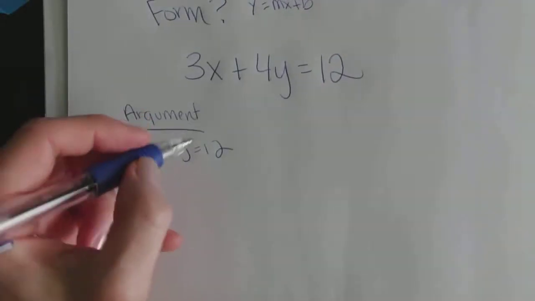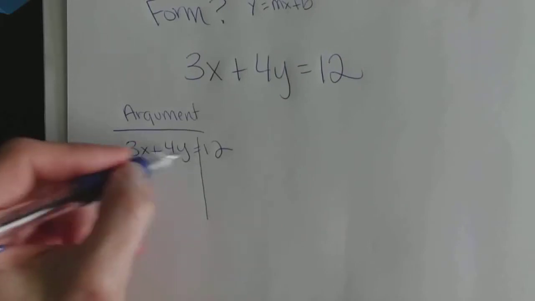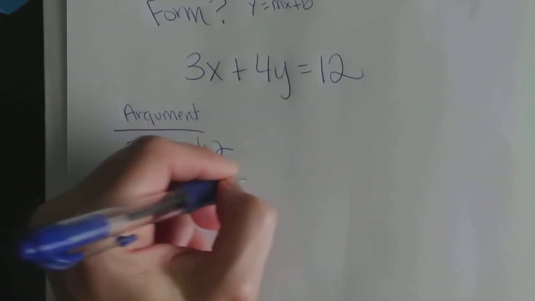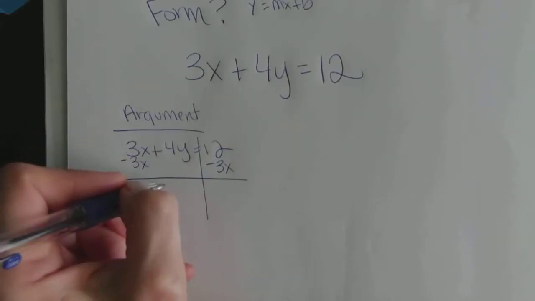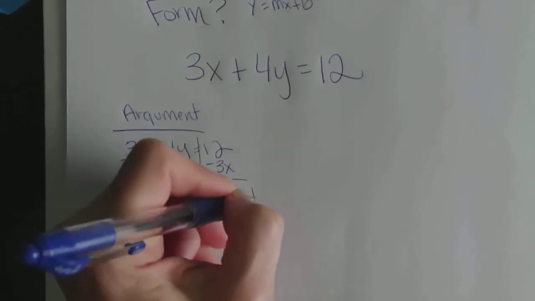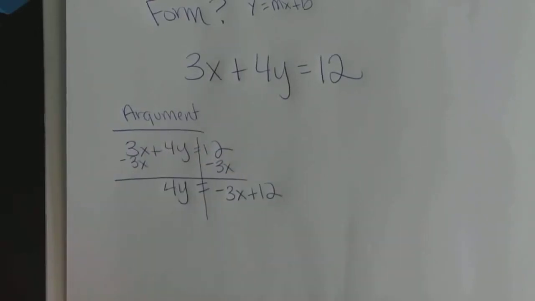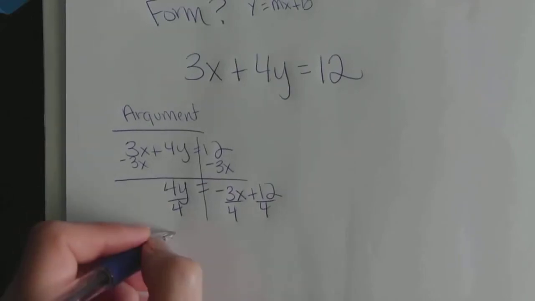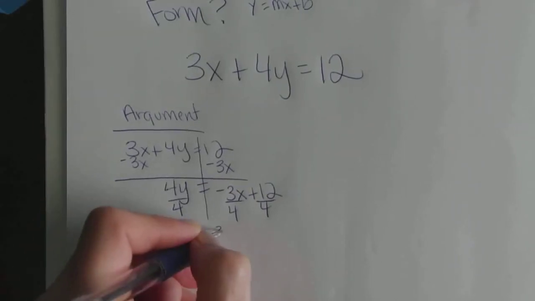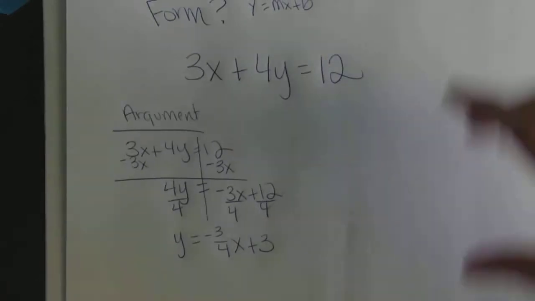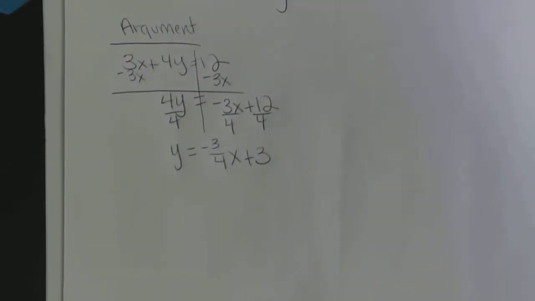In other words, I could solve for y, so I could minus the 3x from both sides, giving me 4y equals negative 3x plus 12. And then I could divide everybody by 4 to give me y equals negative 3/4 x plus 3. And from there, I could easily sketch the graph.